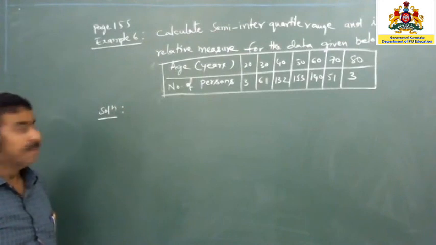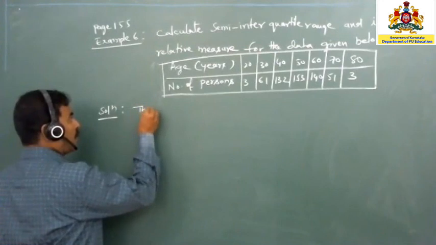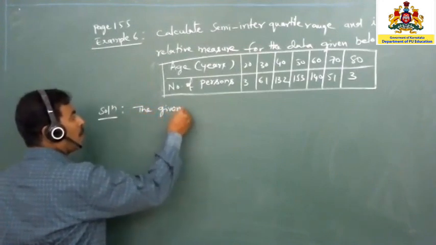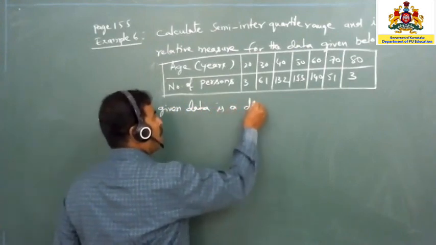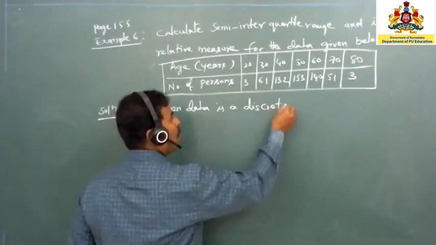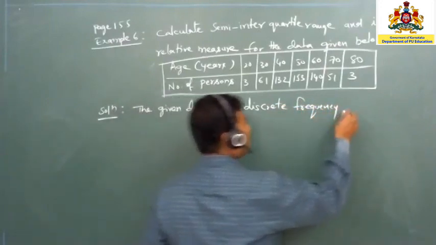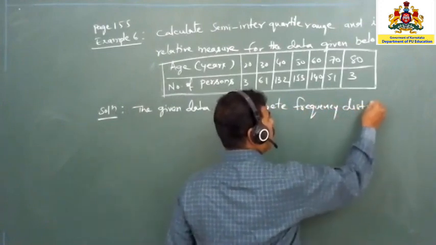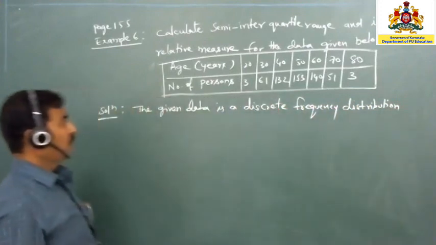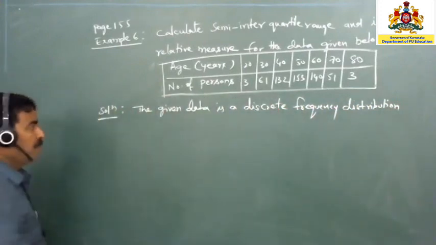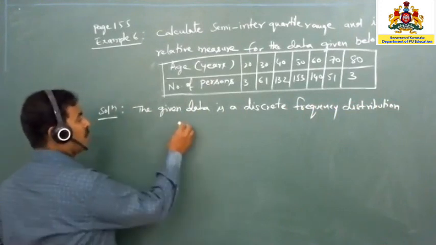The given data is a discrete frequency distribution. So first arrange the data in the form of 3 columns.